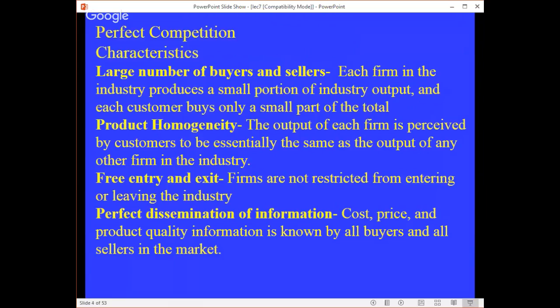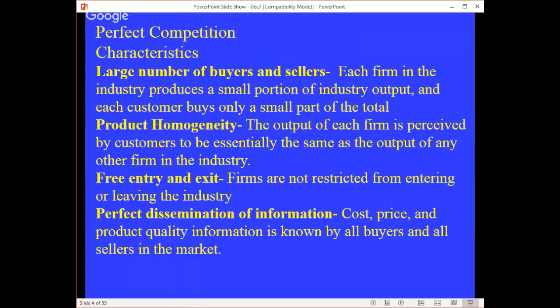So under perfect competition, we have the following. We have a large number of buyers and sellers, right? Each firm in the industry produces a small amount of the total supply, and each customer buys only a small part of the total output. Product homogeneity. Homogeneity means everything's the same. In other words, everybody in a perfectly competitive market is selling the exact same thing. They can't differentiate their product from somebody else's.